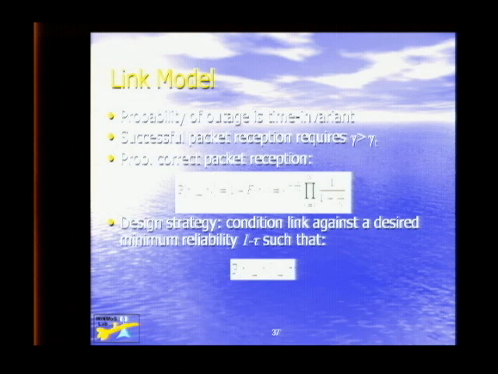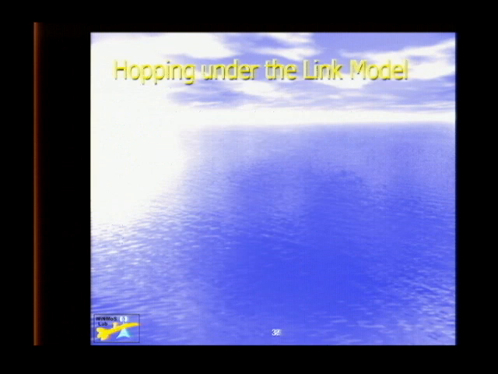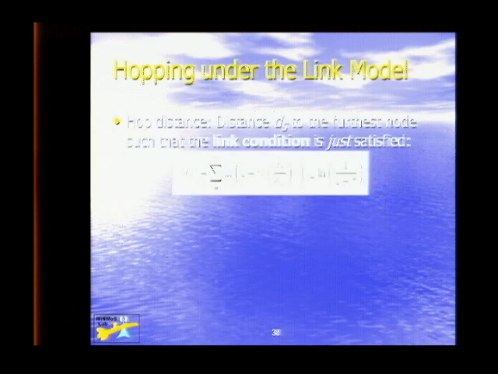And then the design strategy is to make sure that each link in the system, or each transmission in the system, satisfies this condition with a probability of 1 minus tau, where tau is a parameter that you would like to adopt for your system. So the hop distance ds to the furthest node such that the link condition is just satisfied is given by this inequality. Okay, so if you take it as an equality, then you have the furthest distance.